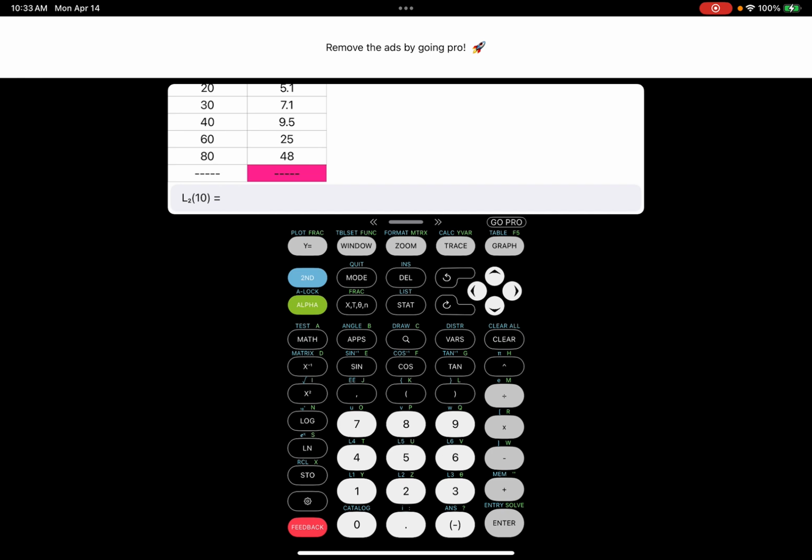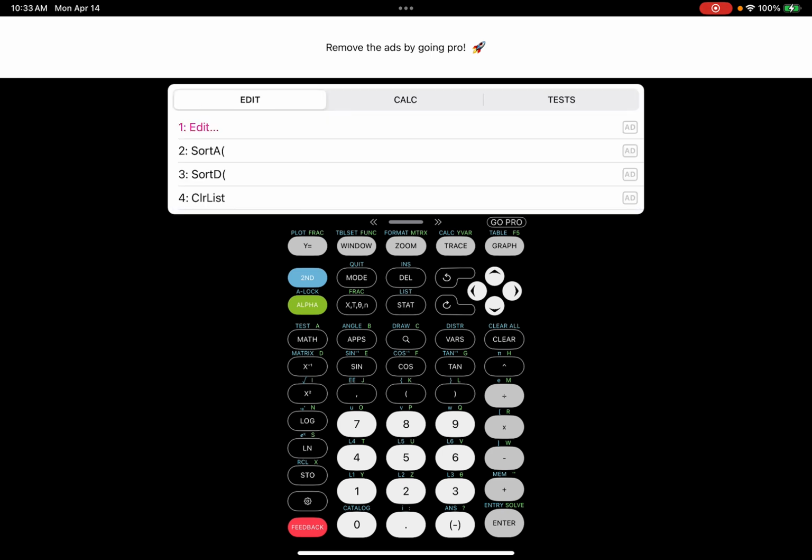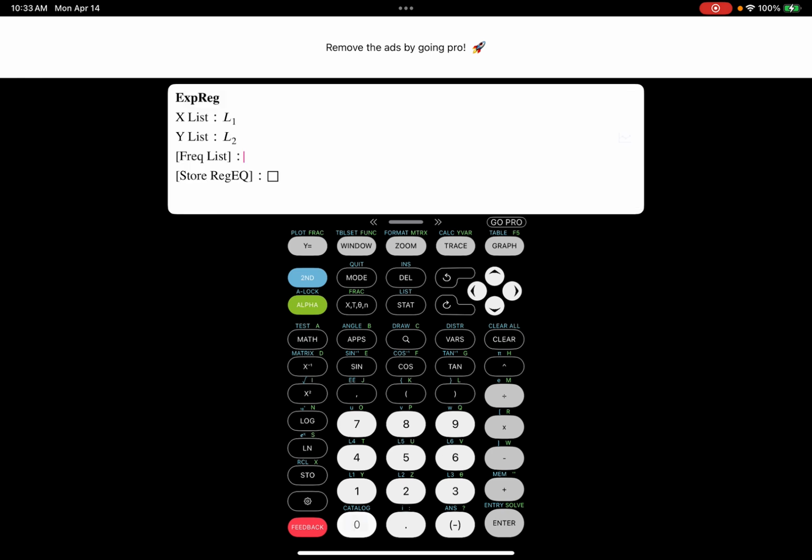Okay, so recheck them, make sure they're right, and then you're going to go to stat, calculator. So you're going to use the arrow to go to calculator and then hit 0. And then you're going to do enter 5 times. For me, it's different for my calculator, but you should do enter 5 times, okay?